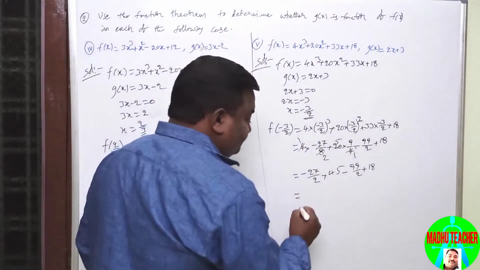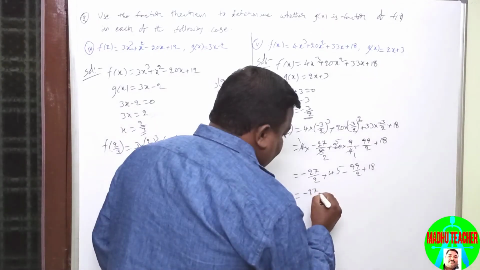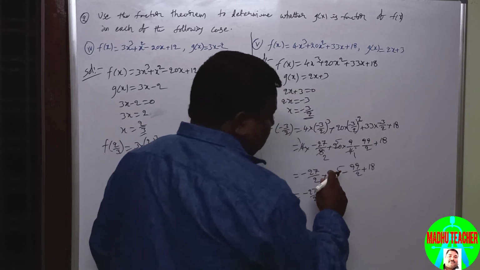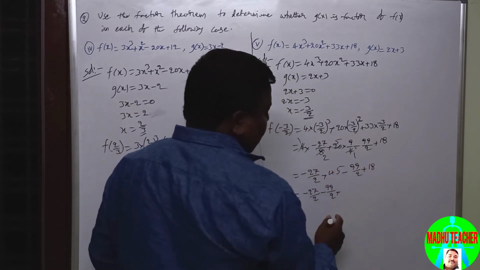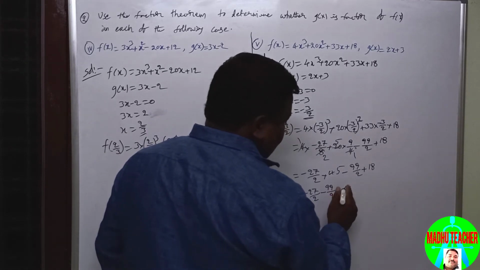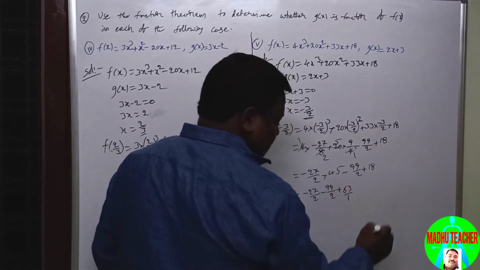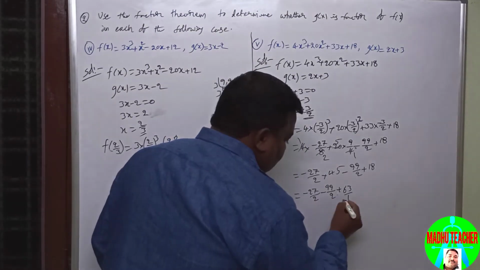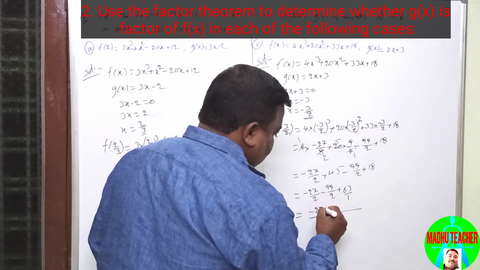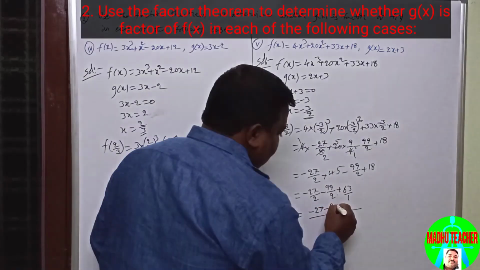That equals minus 27 by 2 minus 99 by 2 plus 45 plus 18, that is plus 63 by 1. The LCM of 2 and 1 is 2. 2 ones are 2, 27 ones are 27. 2 ones are 2, 99 ones are 99.